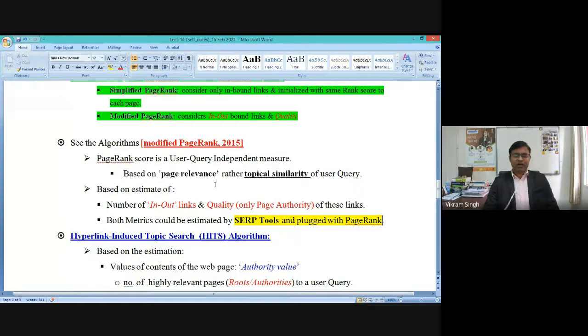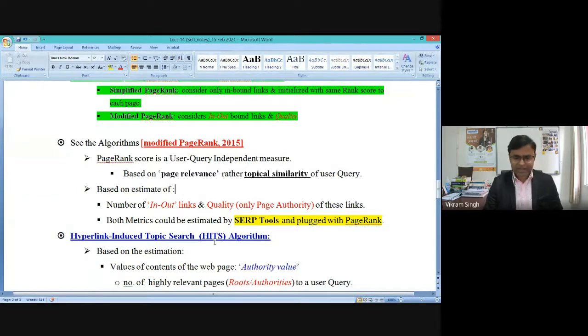Because it adds nothing beyond the basic or simplified PageRank algorithm, we have properly identified that this outlink component and the dampening factor are additions to the simplified algorithm to derive a modified PageRank algorithm. So there is this second type of algorithm available.